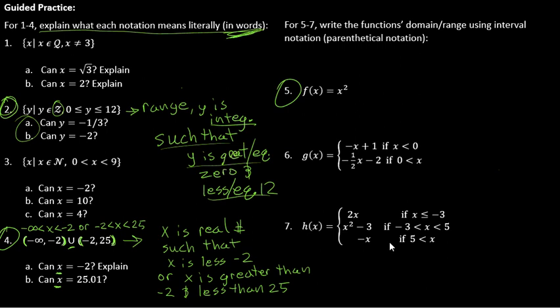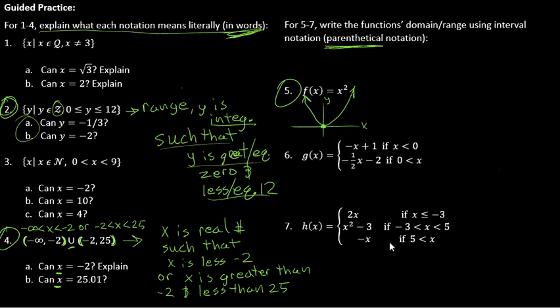Now let's look at number 5. Write the function's domain and range using interval notation, more specifically parenthetical notation. So our domain, you would throw this into Desmos, and this is just your run-of-the-mill parabola. Here's your x-axis, y-axis, and your y-intercept is going to be at the origin, and it's just going to be a parabola, except less stupid because it's made by a computer and not by my crappy hand.